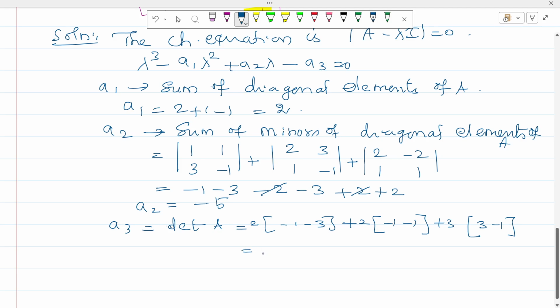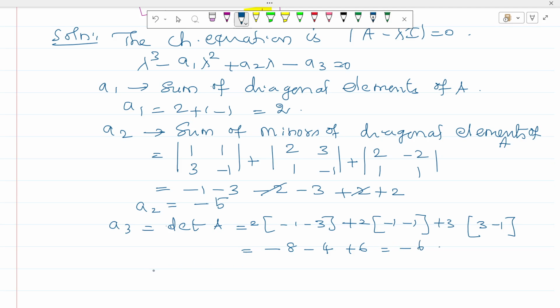So 2 into -4 is -8, then -2 plus 2 into -... and then 2 into 3 plus 6. So 12. The determinant of A is -6.